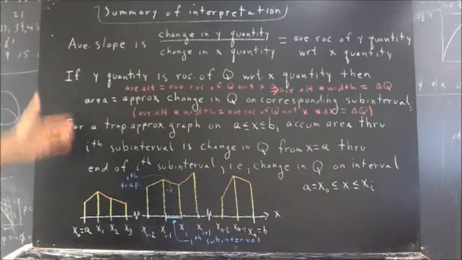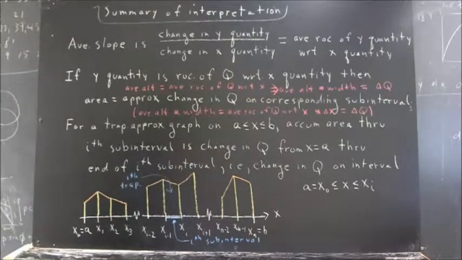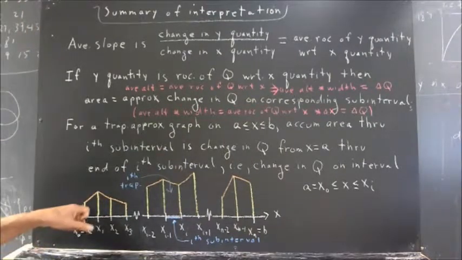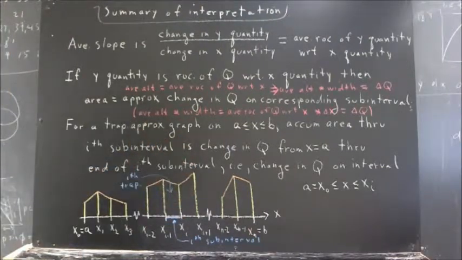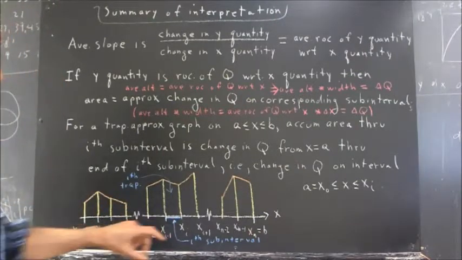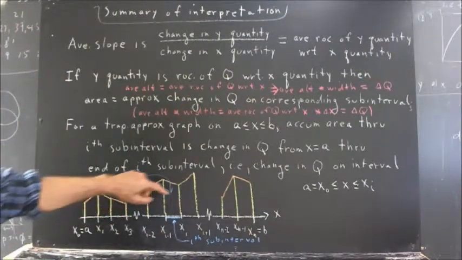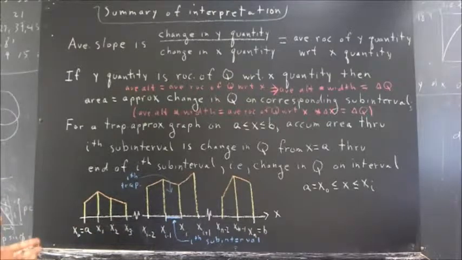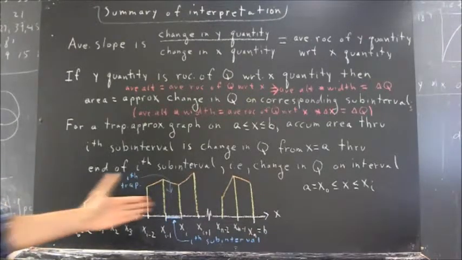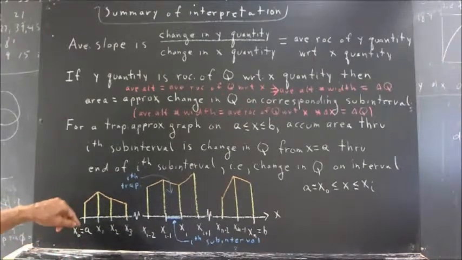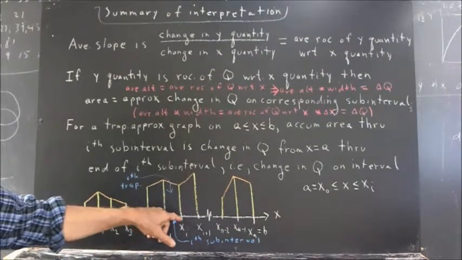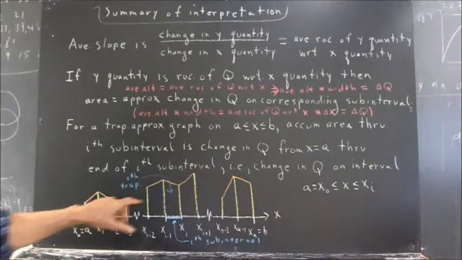is going to be equal to the accumulated area, since the area of every subinterval is the approximate change in q on that subinterval, then when we add them all up, we get the total change in q. And if we're going from x equals a to the end of the ith subinterval, that'll correspond to all these areas.